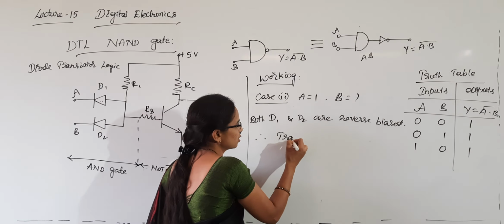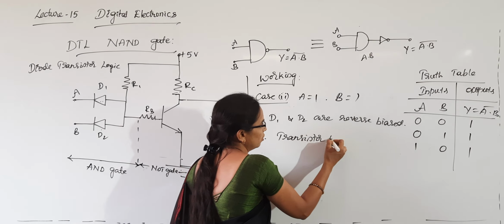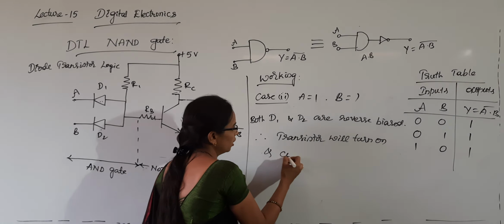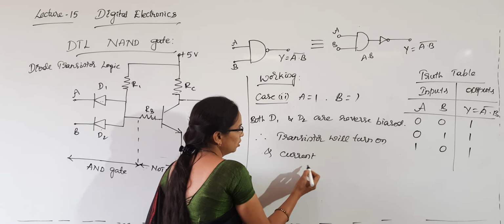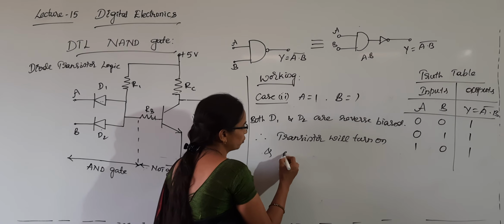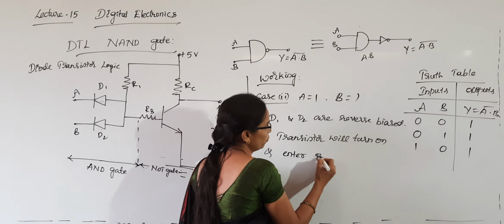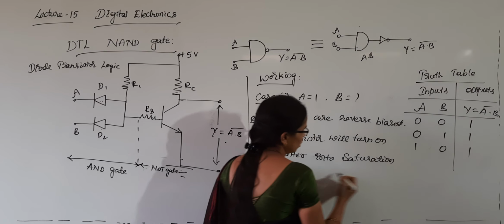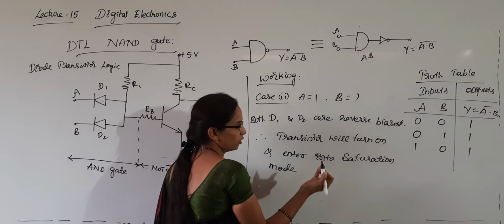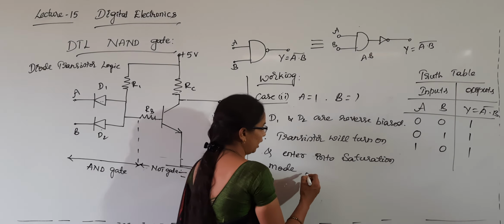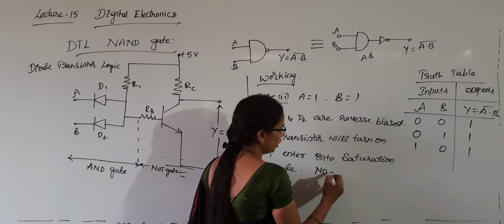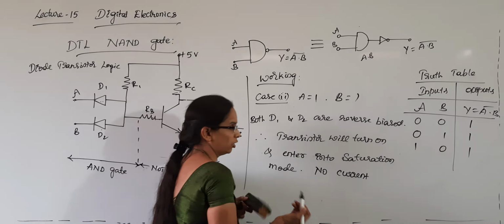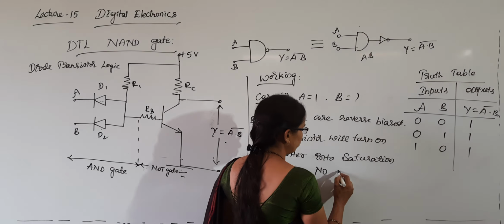Therefore, the transistor will turn on and enter into saturation mode, or the transistor will turn on, whatever you want you can write, and no current flows through the output. No voltage appears across the output.